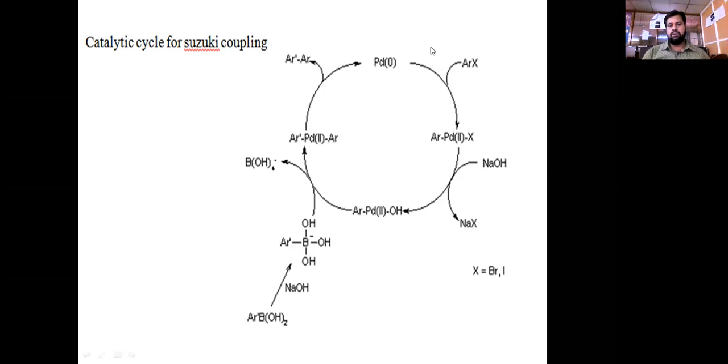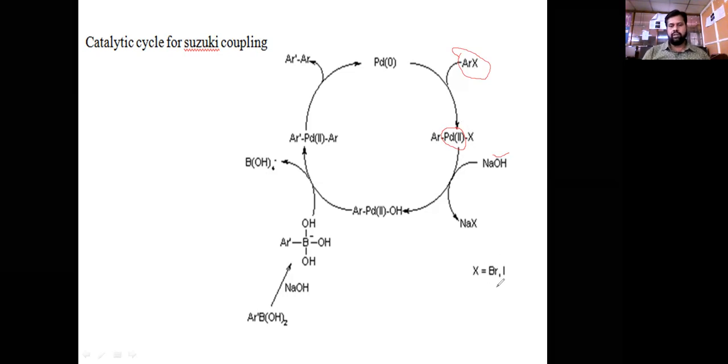And here you got the palladium 2 position. By using the sodium hydroxide, the elimination of sodium halide will take place. The two halogens are bromine or iodine. So here you will get the substitution of OH in the place of halogen.